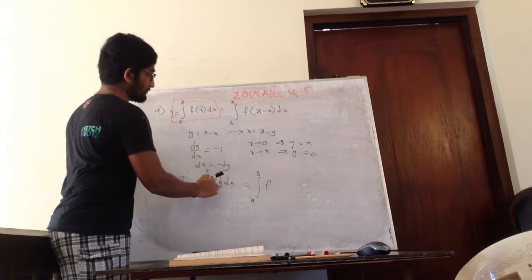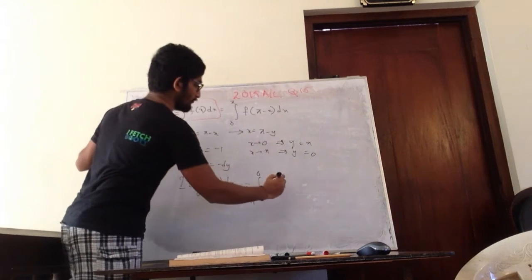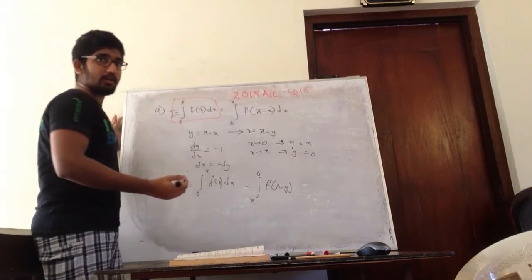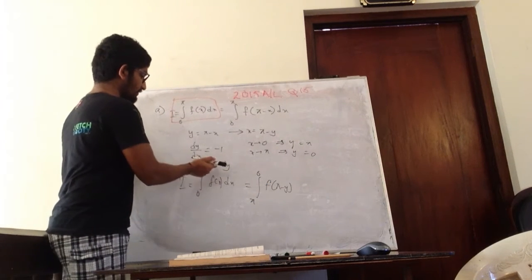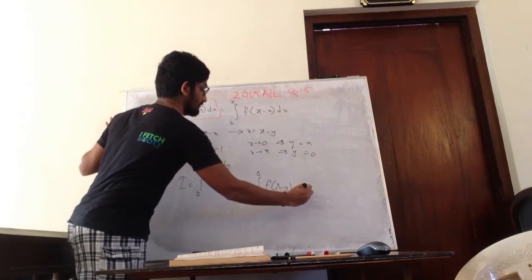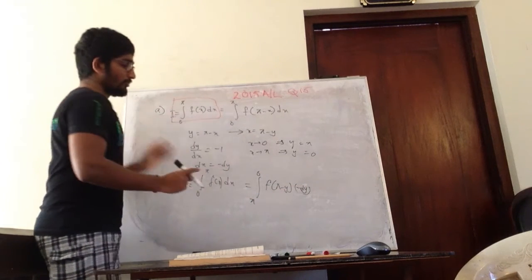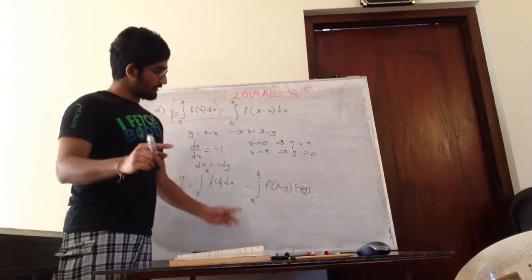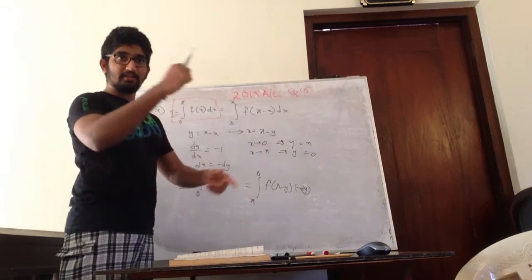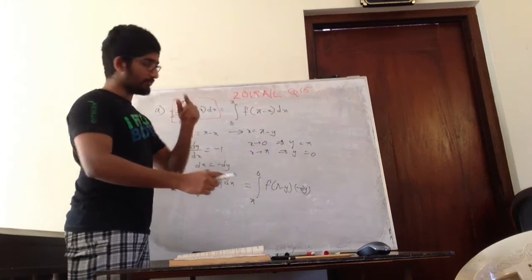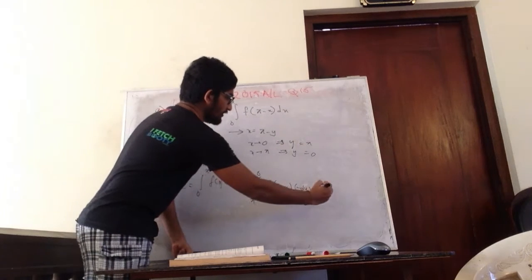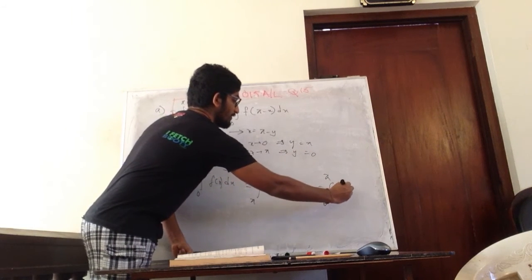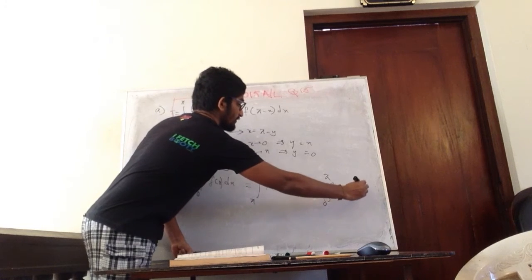Then f(x) becomes f(5 minus y), and dx becomes minus dy. Now you can take the minus out. If you put the minus out, the limits will interchange. So if I take the minus out, this will be 0 to 5 of f(5 minus y) dy.